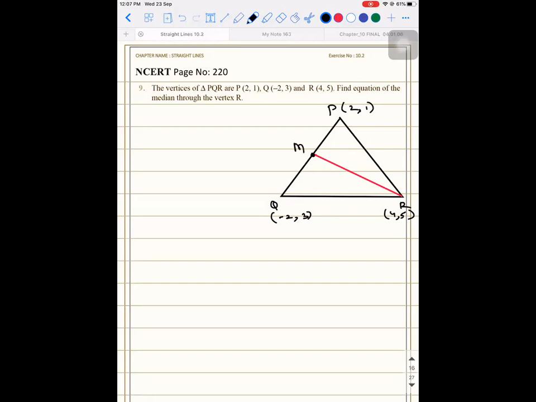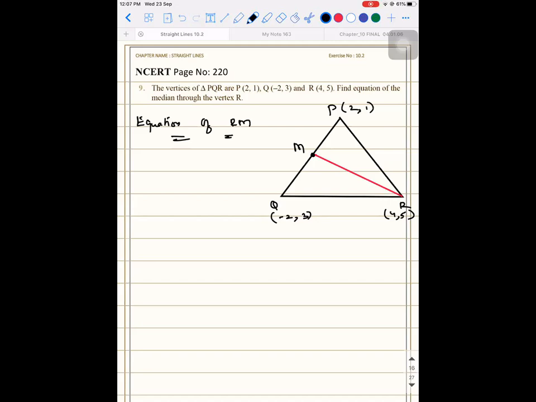If I call this point M, the median will be perpendicular to PQ? No, the median is not a perpendicular. What you're saying is a perpendicular bisector.